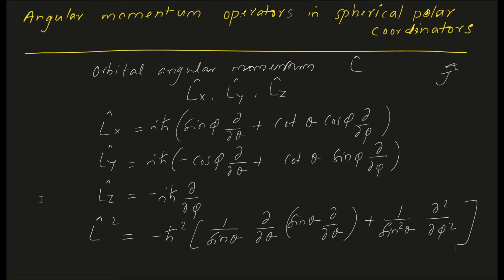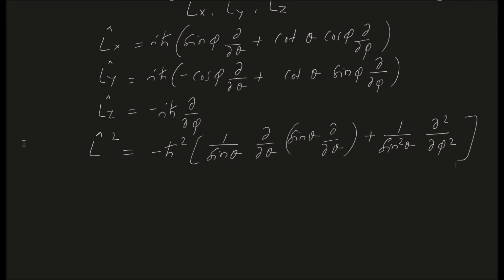Now usually for the derivation of the eigenvalues or the eigenfunctions of the orbital angular momentum, we use two ladder operators similar to our J plus and J minus. We use L plus and L minus. So L plus is defined in a way similar to our J plus. So the L plus operator or the raising operator is defined as Lx plus i Ly, and L minus is defined as Lx minus i Ly.